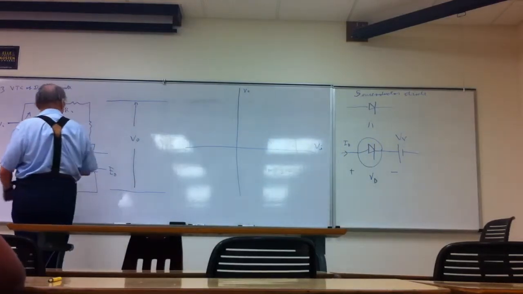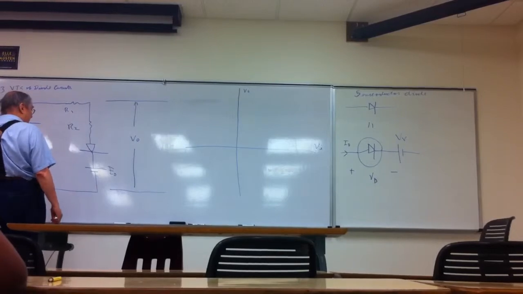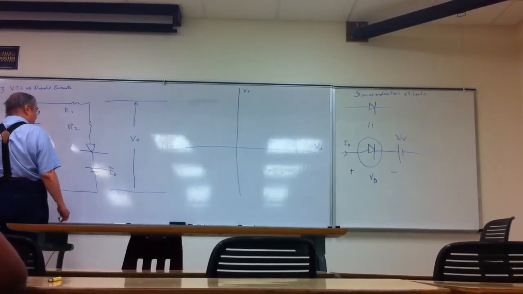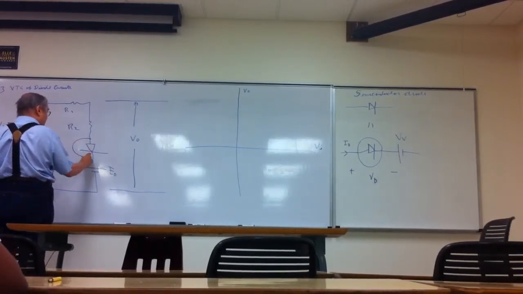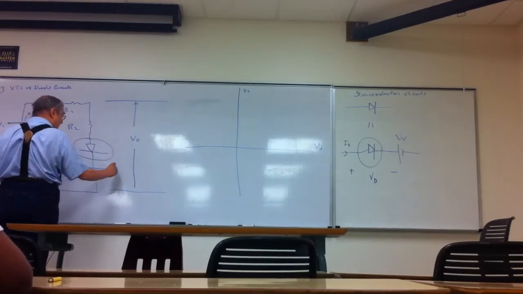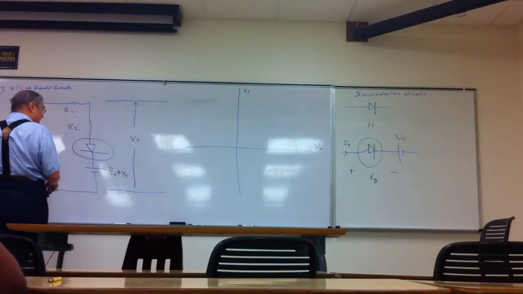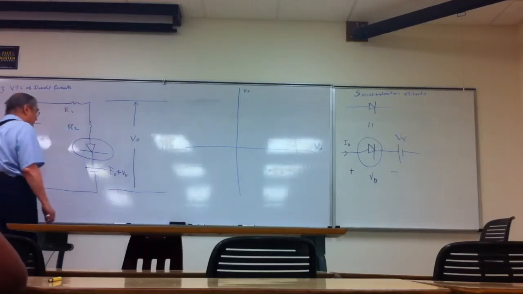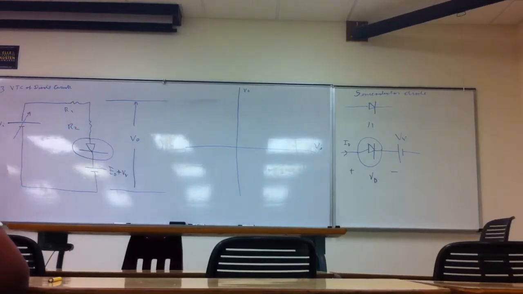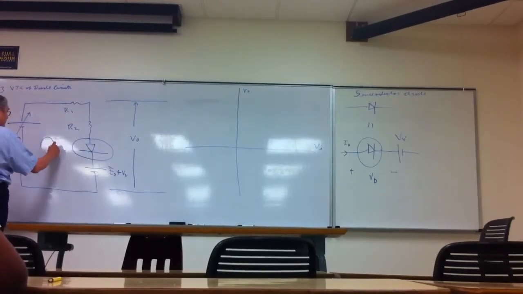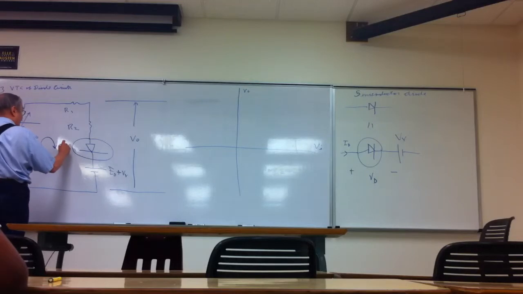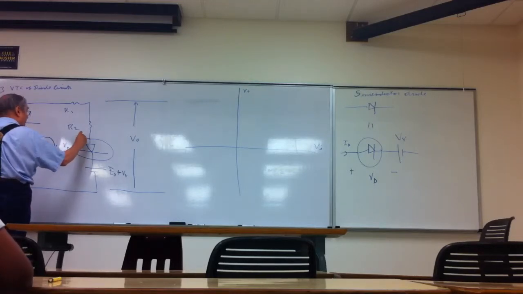If I replace this semiconductor diode with this model of an ideal diode in series with a battery V gamma volts, I'll change this to an ideal diode and just add a voltage of V gamma to this. Now all we have to do is write Kirchhoff's voltage law around this loop and solve for the voltage drop across the ideal diode.